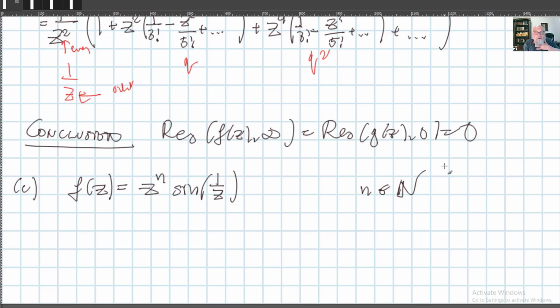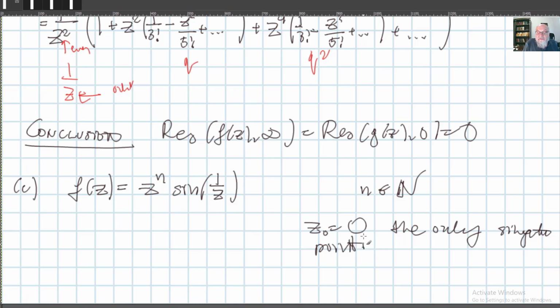So now we want to compute the residue. How to compute it? Again, from the previous question, you already know that z0 equal to 0 is the only singular point.